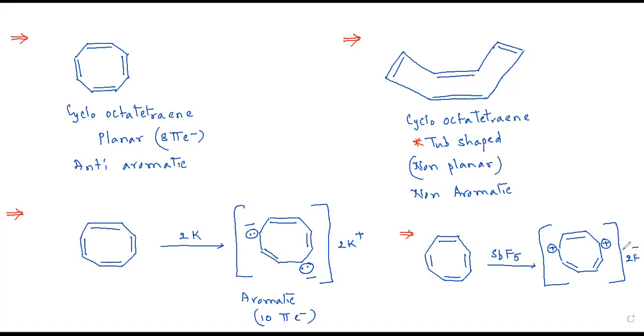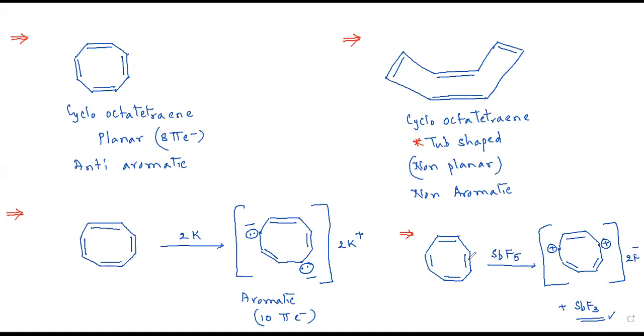Sb is in +5 in the thing we have considered. Now the 2 fluoride ions have gone out and now the antimony is in +3 oxidation state. So from +5 it has become +3 by taking electrons from these areas, right? Earlier electrons were given and now the electrons are taken.